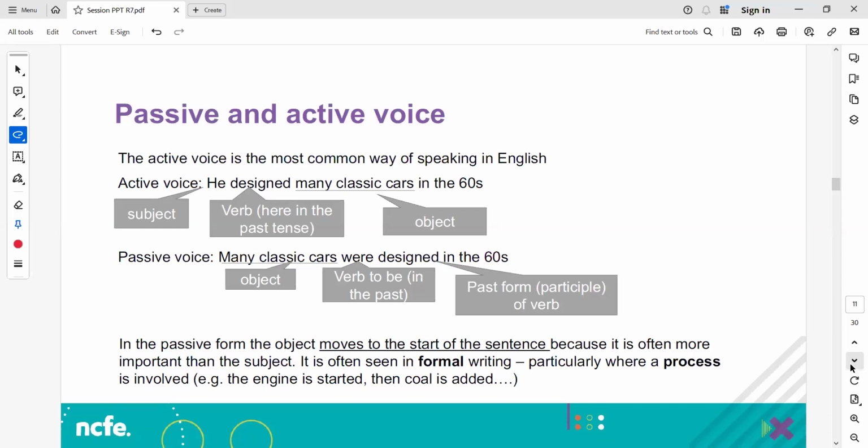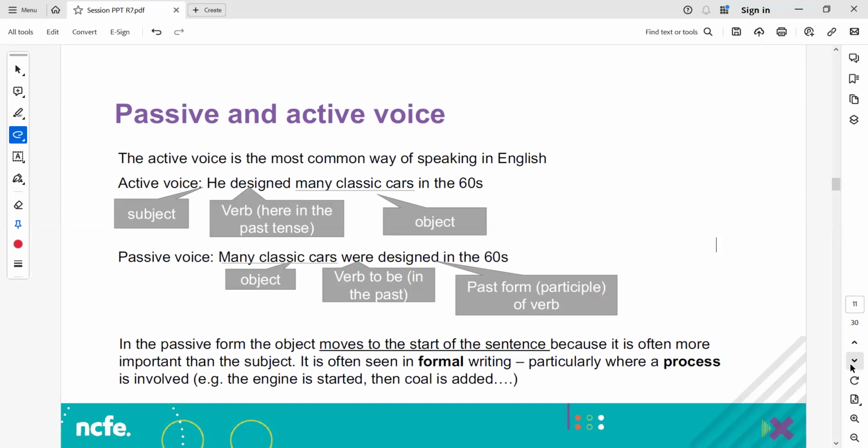The subject, he, is at the beginning of the sentence, followed by the verb, and the object comes later in the sentence. He is doing the action, so it's the active voice. The subject is doing the action.